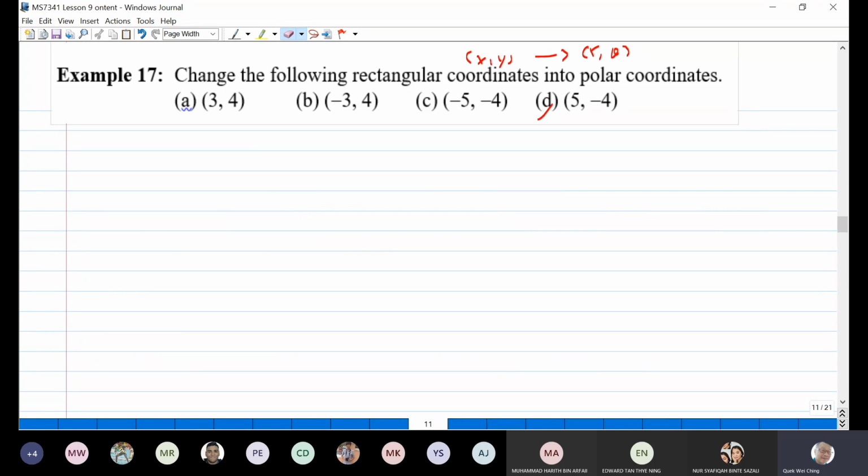Okay, so I want to change from xy to r theta. So the point (5, -4) now, you can draw where it is. This is xy here. Origin here, 5, -4.